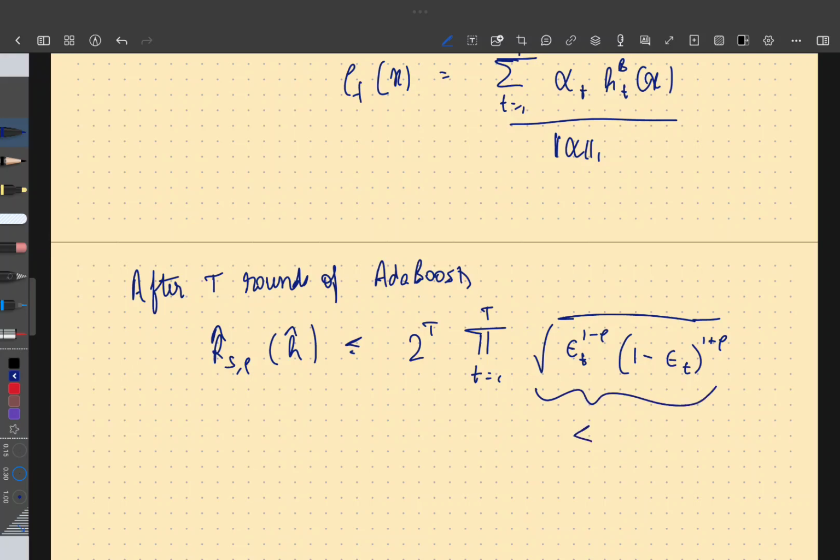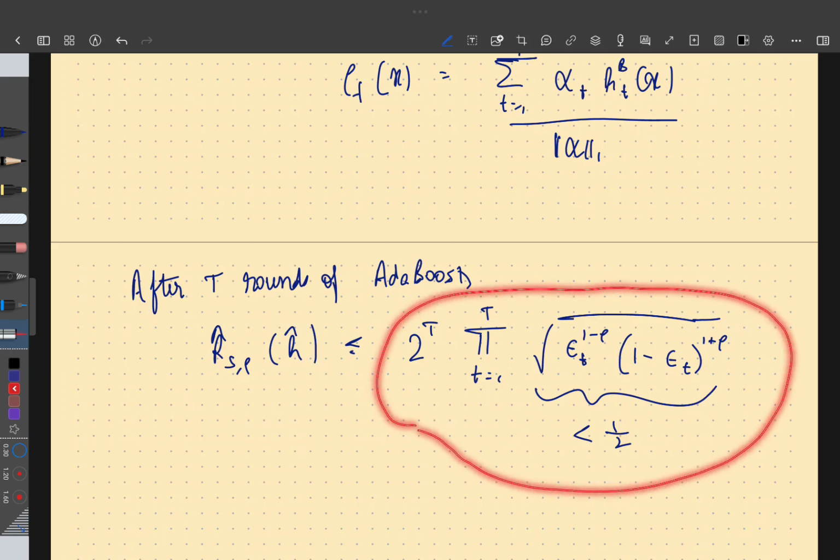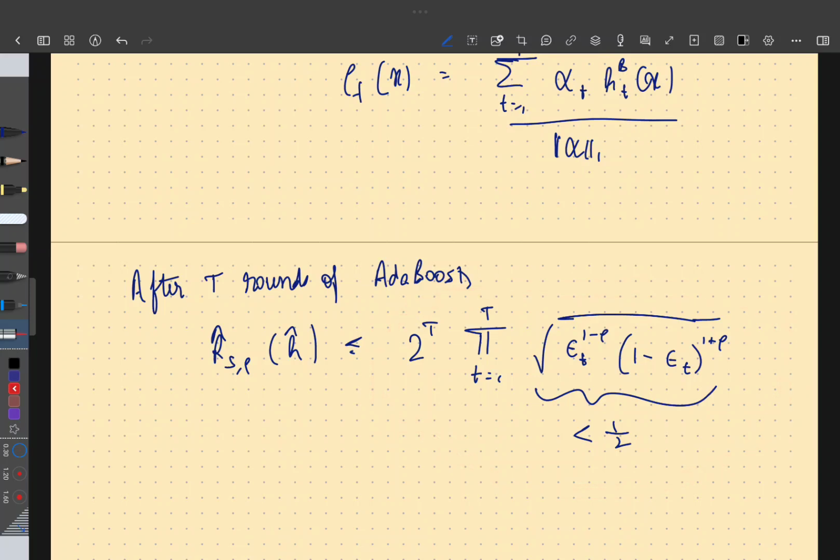So if this quantity is strictly less than half, then the right hand side, which is 2 to the power t times something less than half to the power t, goes down to 0 as t goes to infinity.